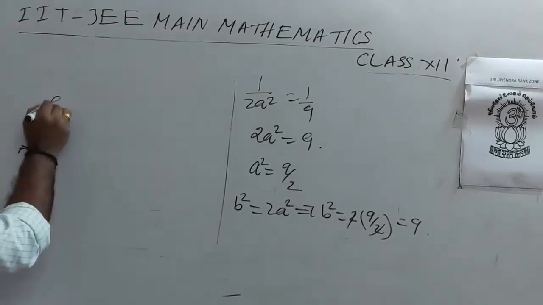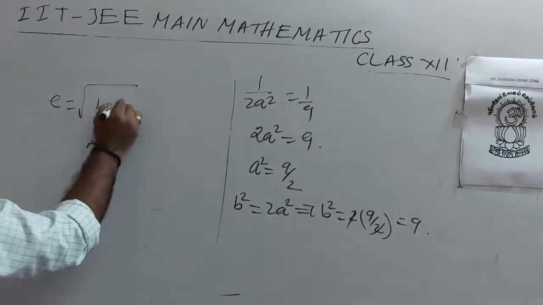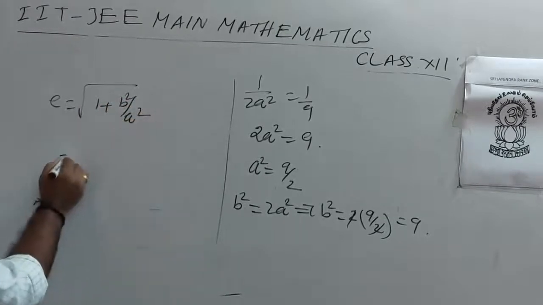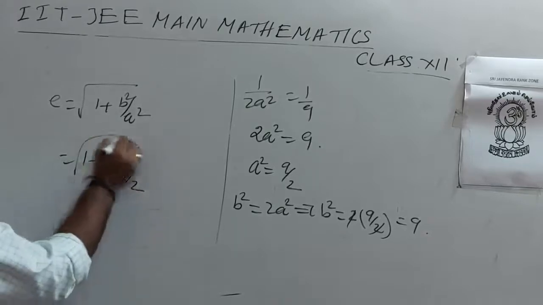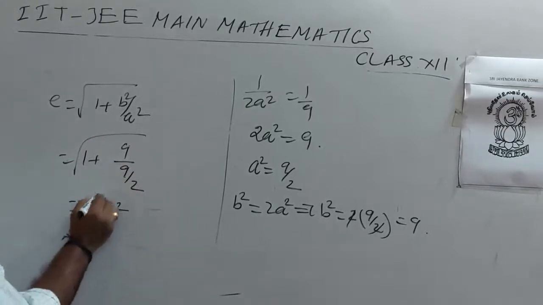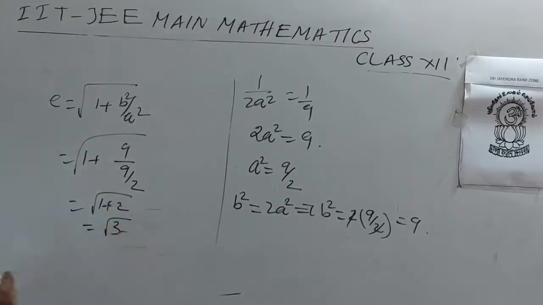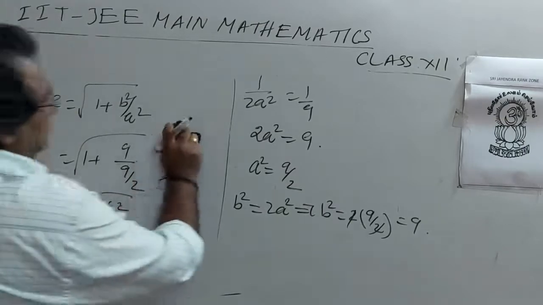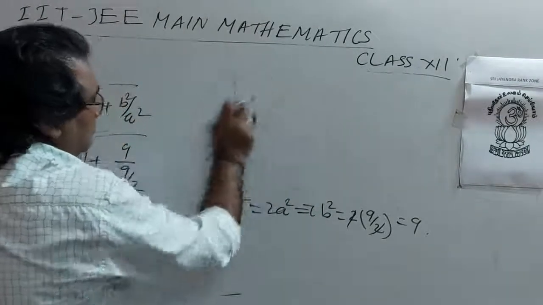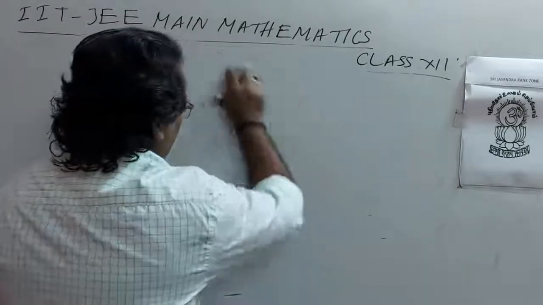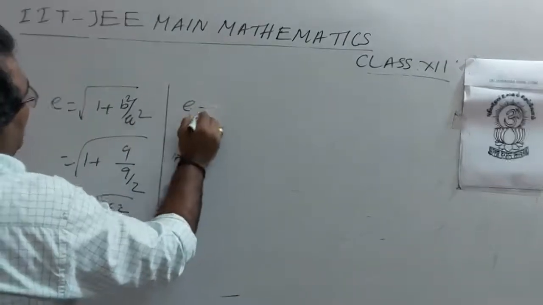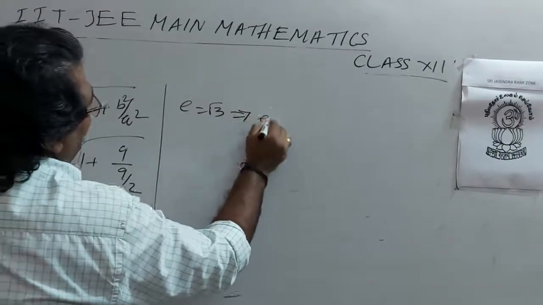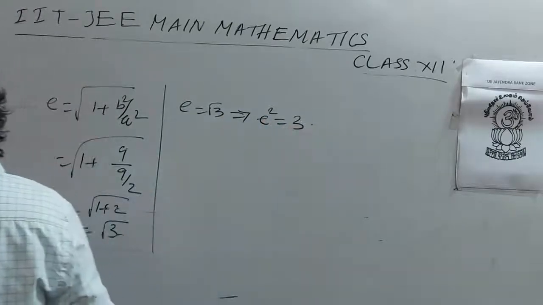We need eccentricity e equal to root of 1 plus b squared by a squared, 1 plus 9 divided by 9 by 2, that is 1 plus 2, that is root 3. So e equal to root 3 implies e squared equal to 3.